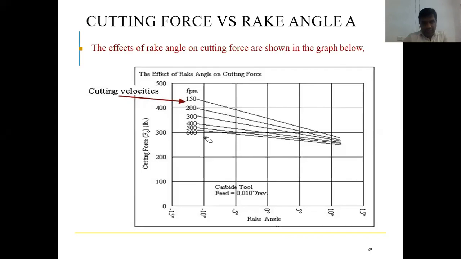So always as an engineer, when you're designing a process or a product, your intention or plan is to make the product at less price, right? So always prices matter. So for that, you need to take this parameter into consideration. You need to take a tool having a higher rake angle, as well as machine at high speed.